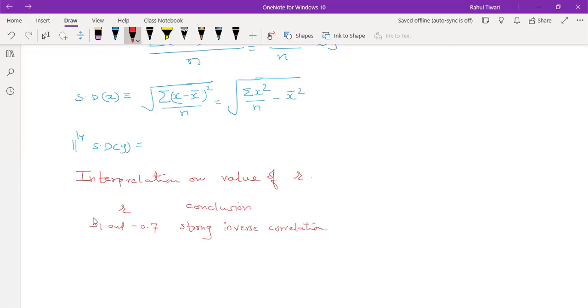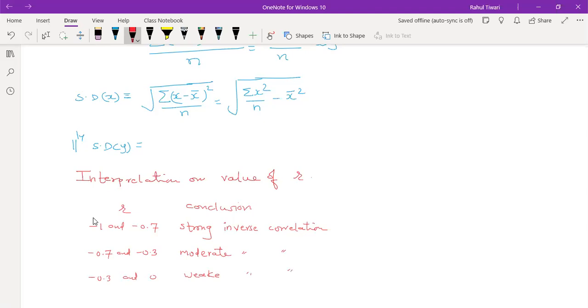Similarly, when it is between minus 0.7 and minus 0.3, I will say it is a moderate inverse correlation. If it is between minus 0.3 and 0, it's called a weak inverse correlation.